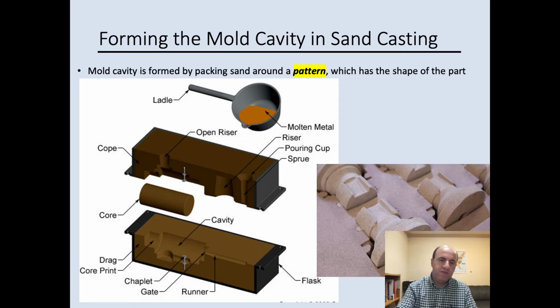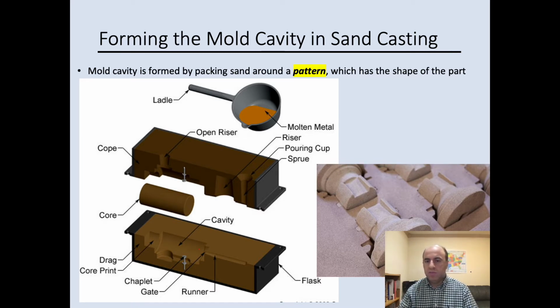The pattern is a prototype. You place it in the sand, and the sand will pick up the external shape of that pattern, and then once you make the cavity, the pattern is removed.